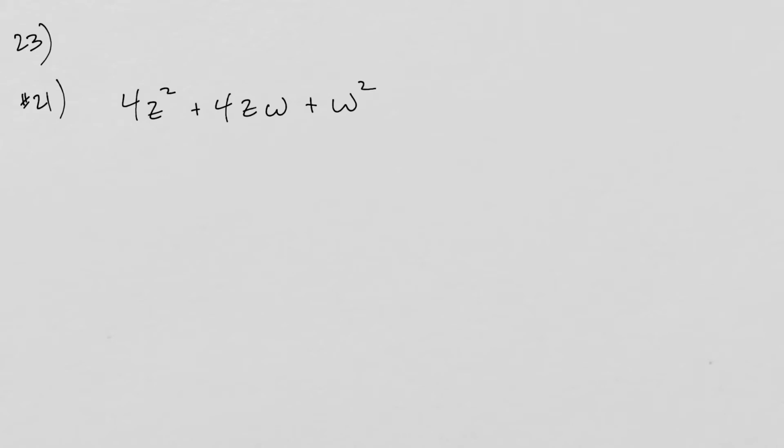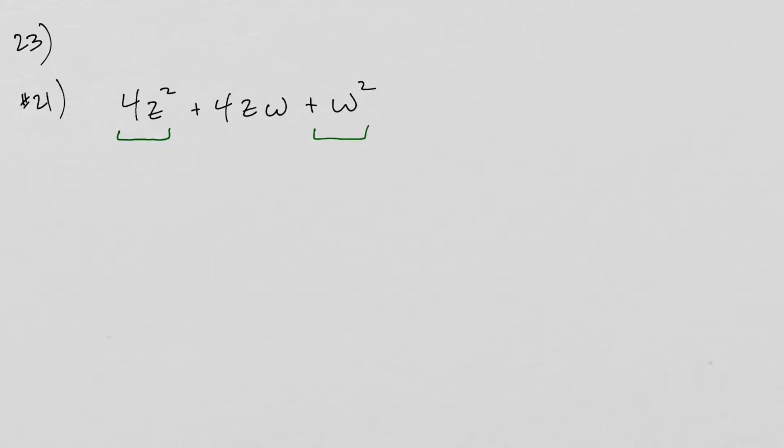Okay, the previous problem I did was actually number 23. So I did number 23 on accident, last problem, so now I'm going to do number 21. All right, number 21, again, hopefully you recognize this as a perfect square. That's a perfect square, and this is a perfect square.